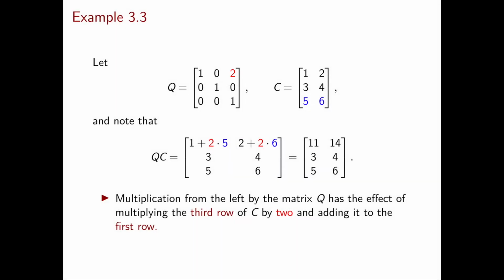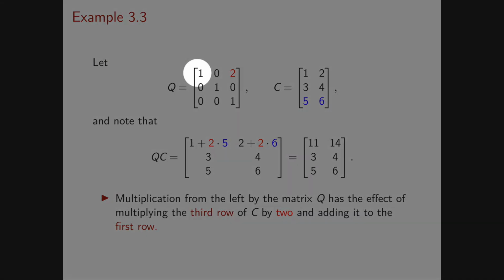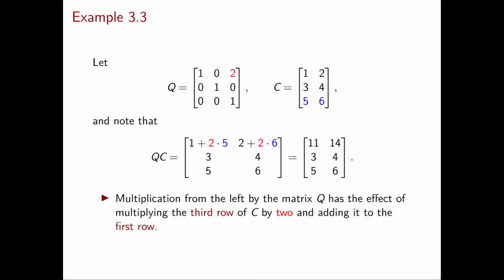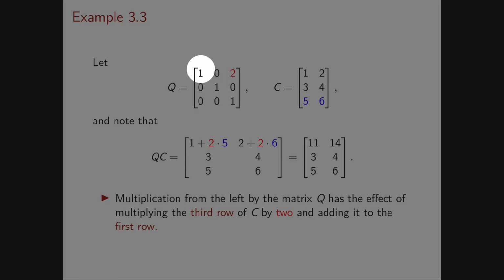So let's compute now the first row of Q times C. In the first column, we will have 1 times 1 plus 2 times 5, which is written over here, while in the second column, we will have 1 times 2 plus 2 times 6, which is written over here.